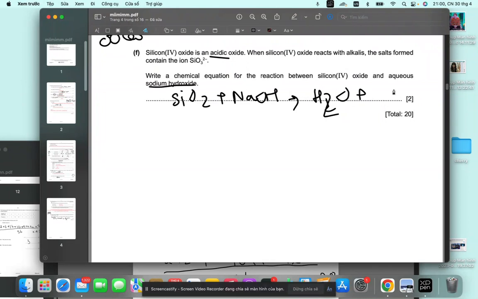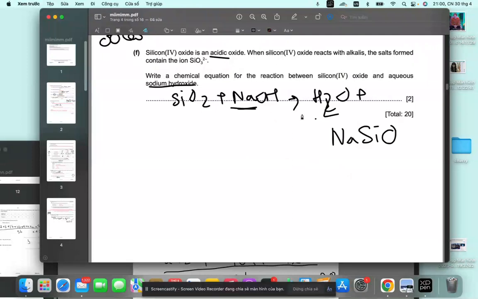We know it makes water, and we know it makes salt. Let's see what is left. We would have this left, and we would have oxygen left because we haven't used all the oxygen for water yet, right?